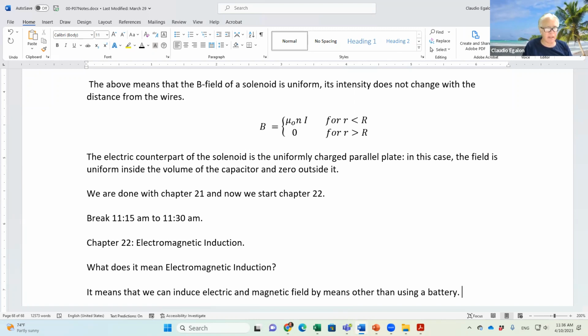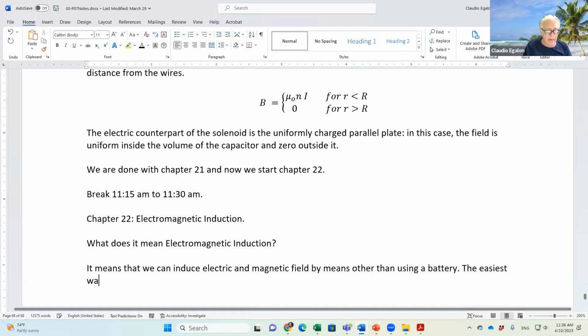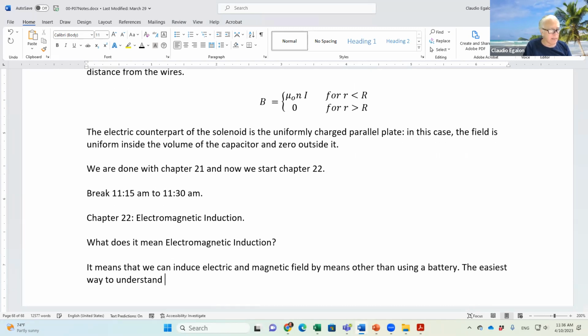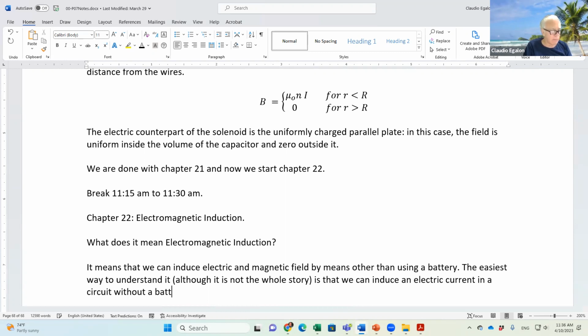Okay, the easiest way to understand it, although it's not the whole story, there's more to it, is that we can induce an electric current in a circuit without a battery.